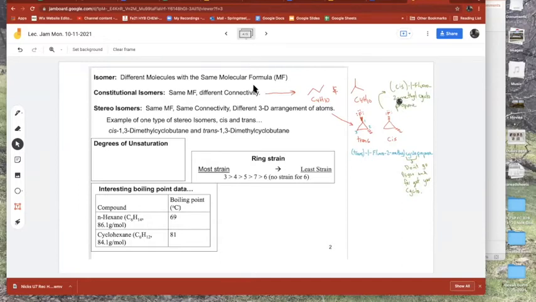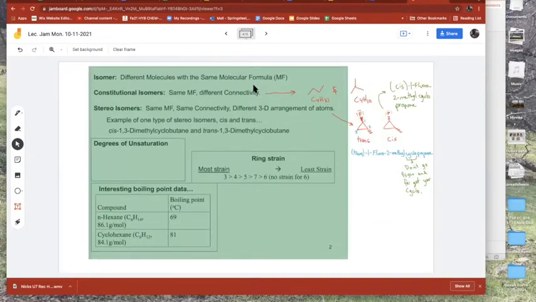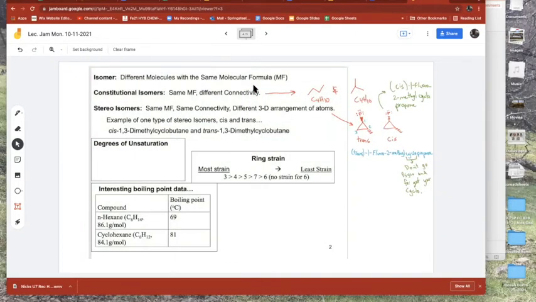And these two are stereoisomers. Oh, what the, my bad. There we go. They have the same molecular formula. They're both C4H8F.